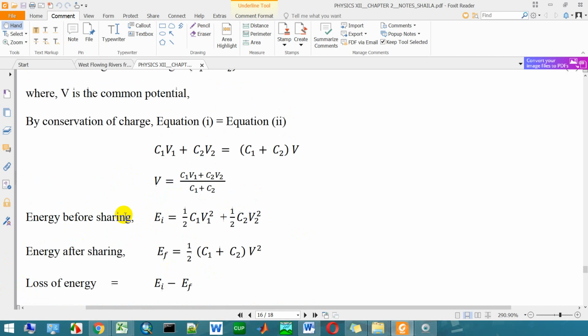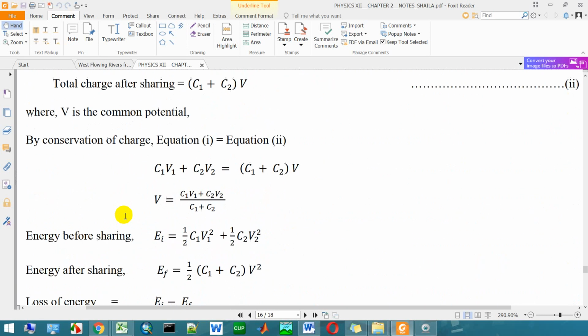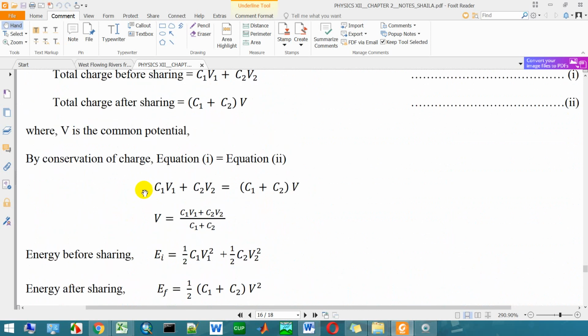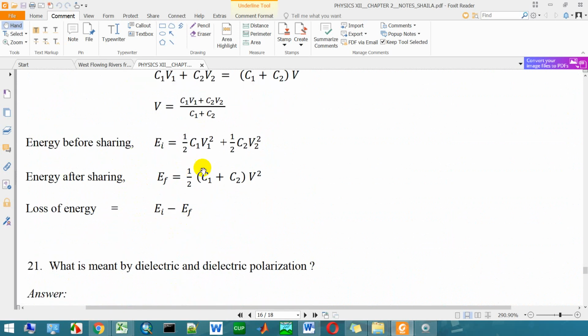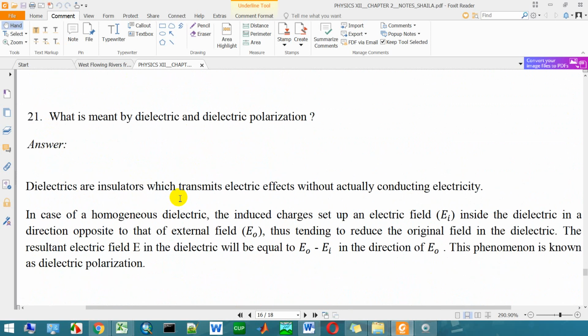So according to the needs, according to the form of question, according to the type of questions, you need to apply these concepts. So in your NCERT exercise, there are a few questions related to these concepts. Now, question number 21. What is meant by dielectric and dielectric polarization?